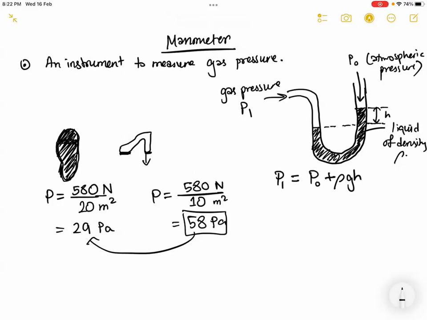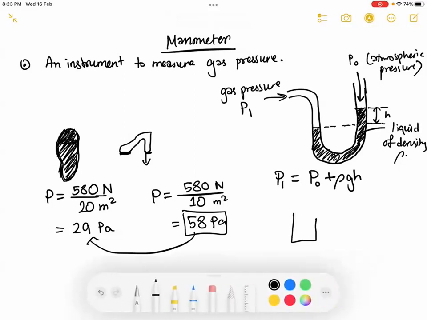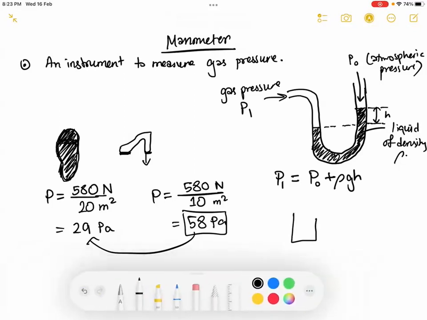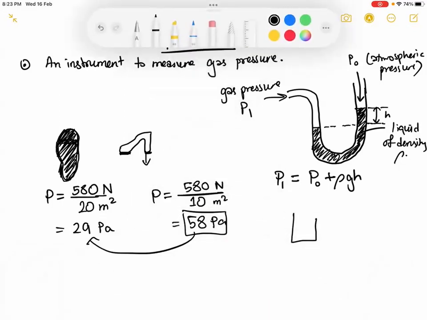gas is definitely compressible, right? So just let me give you a good example. I'm coming up with this experiment myself. It's not scripted anywhere, just so that you understand what they mean.